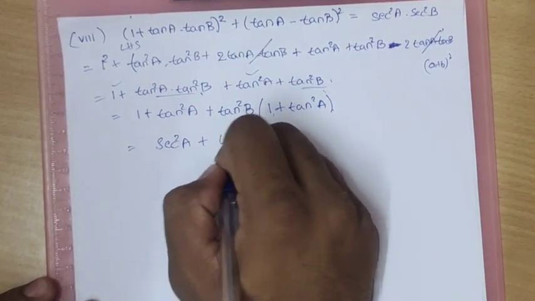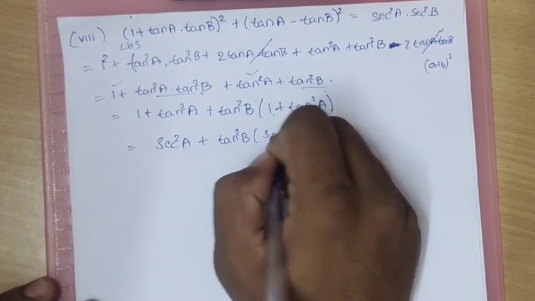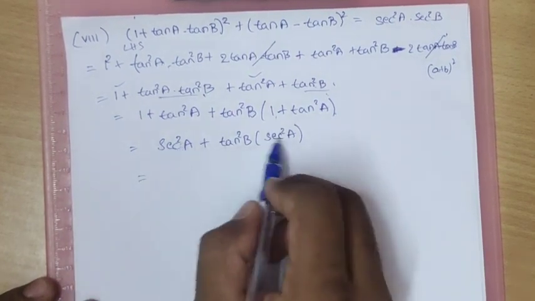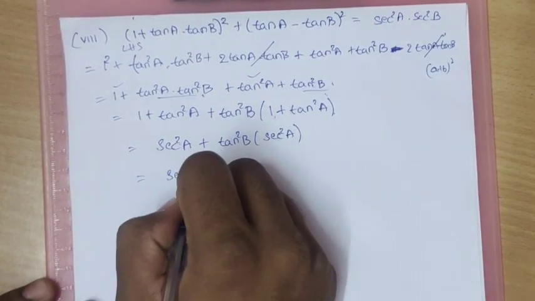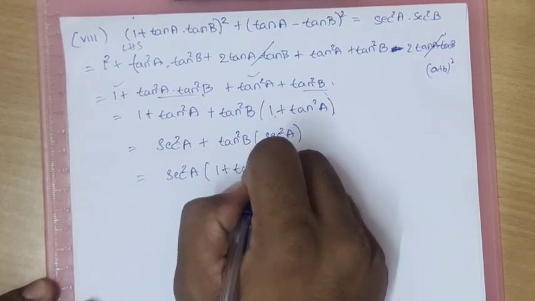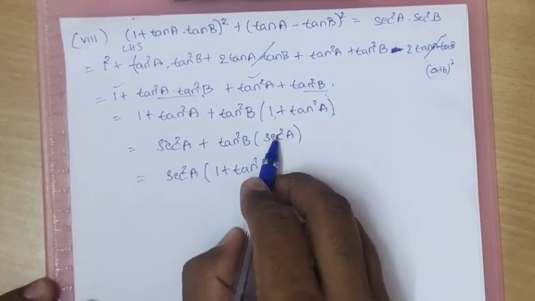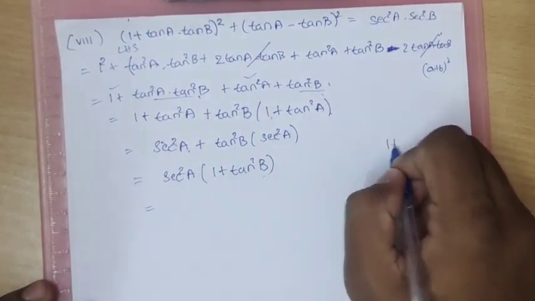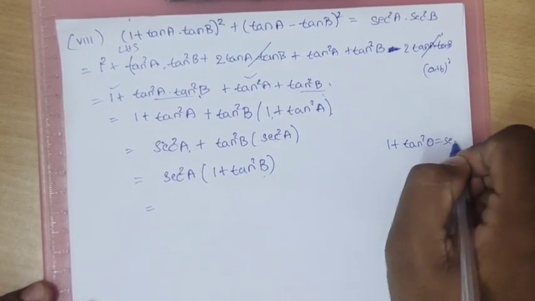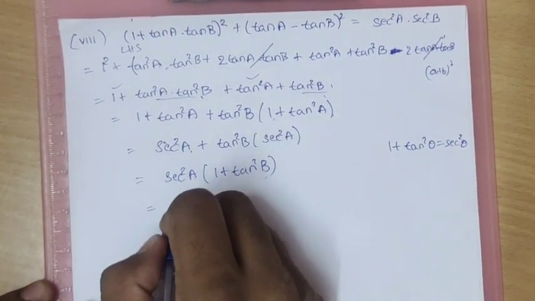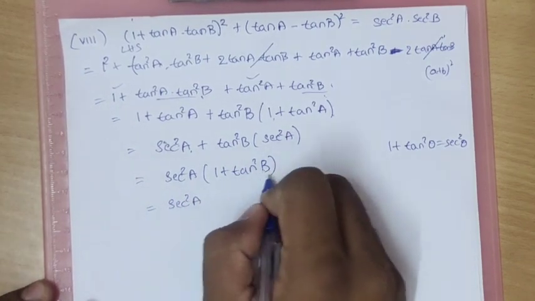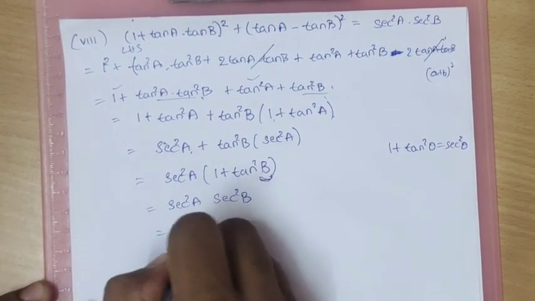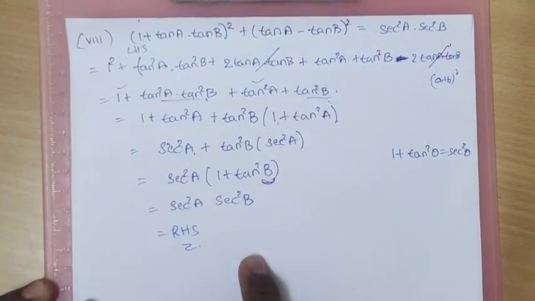Plus tan square B into secant square A. So if we take secant square A common in both the terms, what is the remaining thing? 1 plus tan square B. And 1 plus tan square theta can be written as secant square theta, so in the place of theta, B is there, so secant square B. So this is your RHS. By considering the LHS, we have proved the RHS.